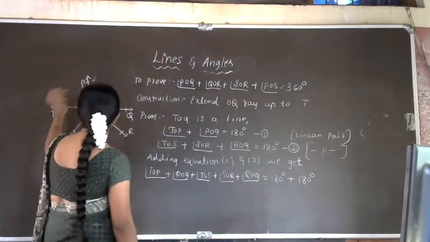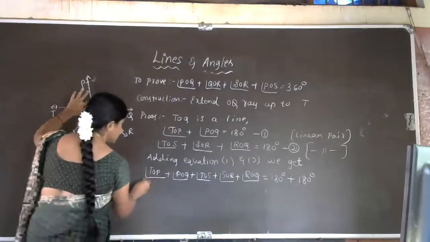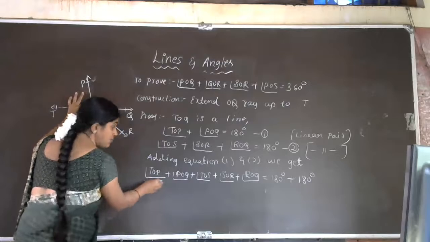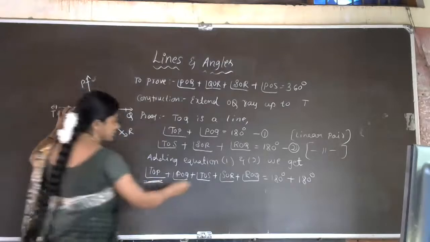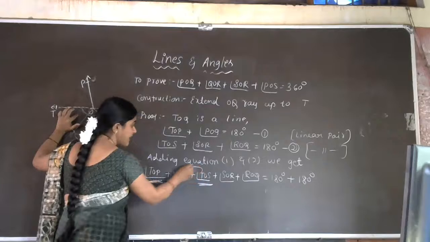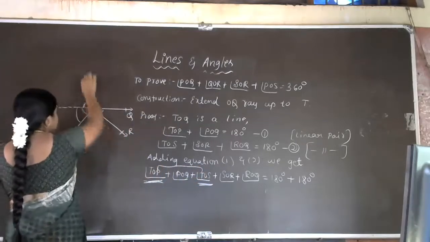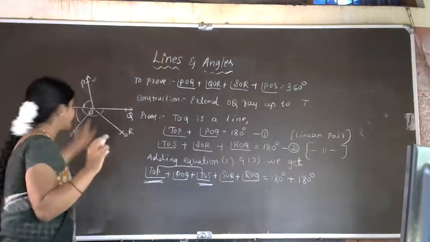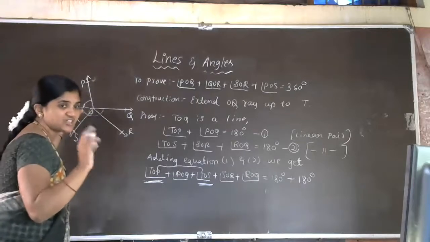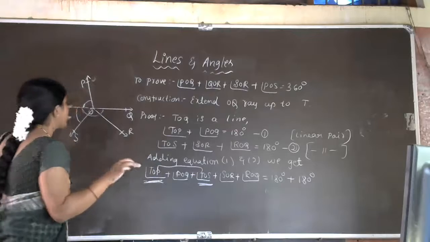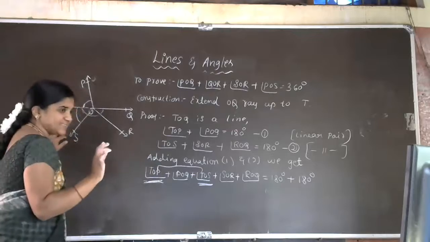Here we are going to mark this TOP and TOS. You just observe these two angles. When we add these two angles, TOP and TOS, what is the total angle? Actually, this is a construction, but it is not in your textbook diagram. So total POS angle is given now.